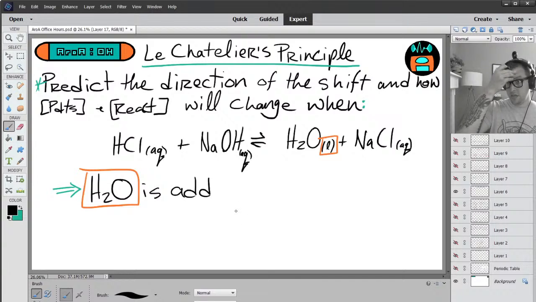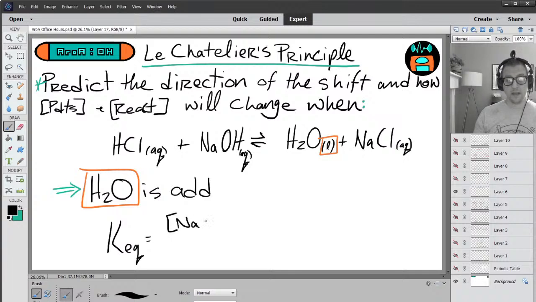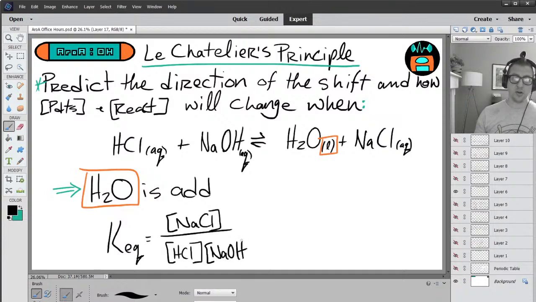Remember that for equilibrium constants, if we were to write the expression for the equilibrium constant for this reaction, it would be equal to the concentration of sodium chloride over the concentration of HCl times the concentration of sodium hydroxide.